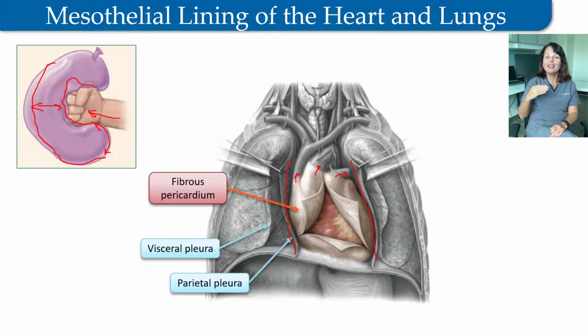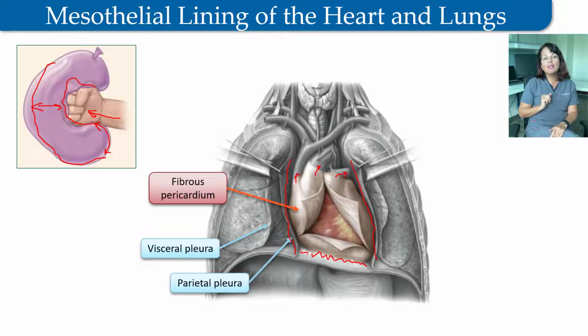It is attached anteriorly to the posterior surface of the sternum by sternopericardial ligaments, which are highly variable in their development, and it is bound posteriorly by some amount of loose connective tissue to structures in the posterior mediastinum. Inferiorly, it fuses with the central tendon of the diaphragm, so the heart is relatively well tethered in place inside of this fibrous sac.